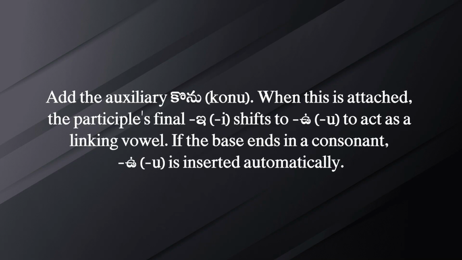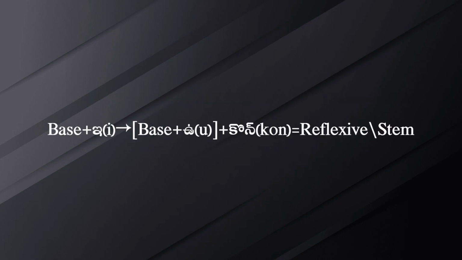When this is attached, the participle's final e shifts to u to act as a linking vowel. If the base ends in a consonant, u is inserted automatically. The structure is base plus e becomes base plus u plus konu becomes reflexive stem.